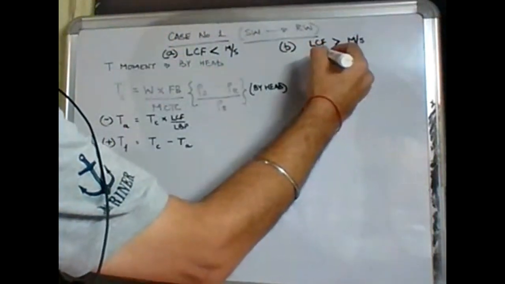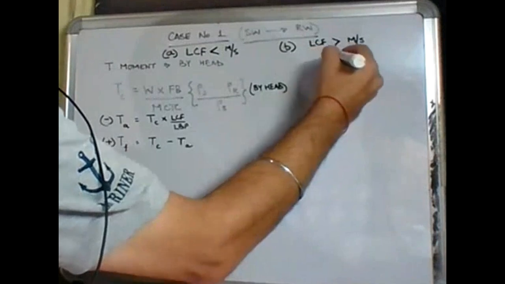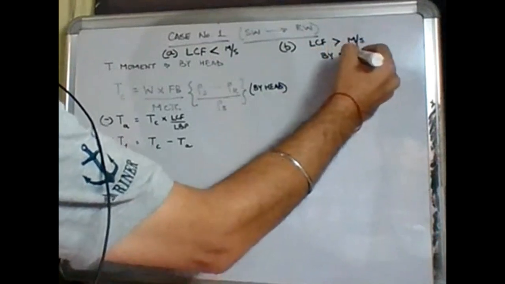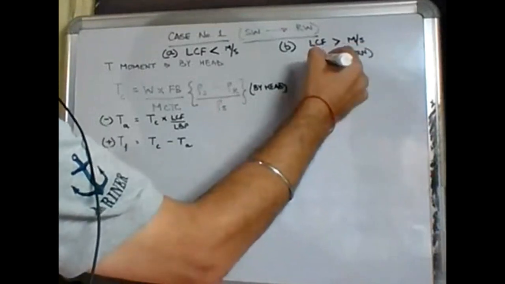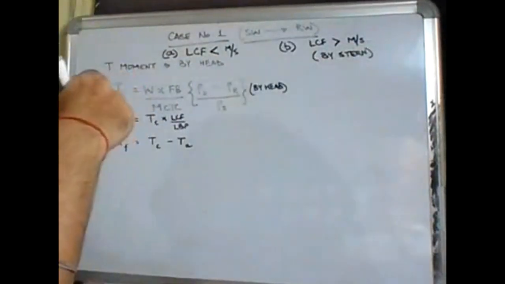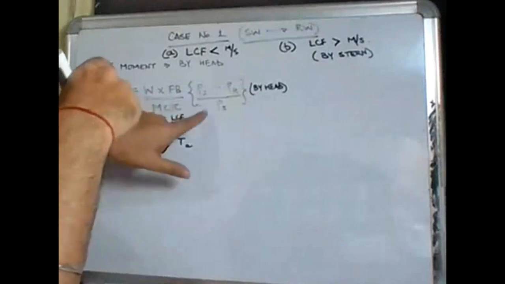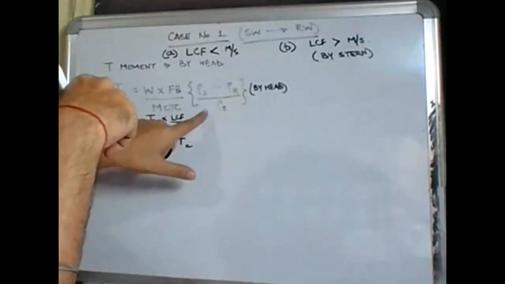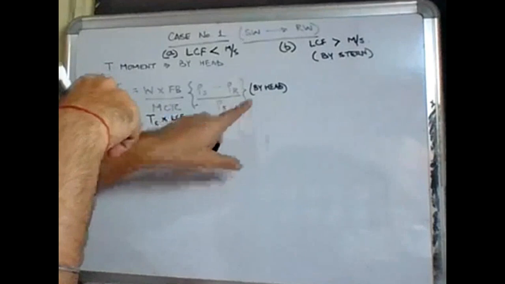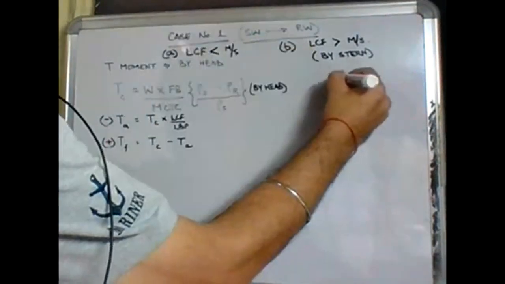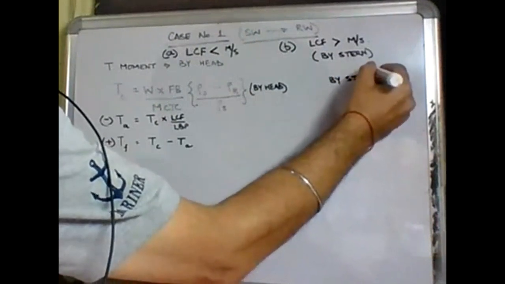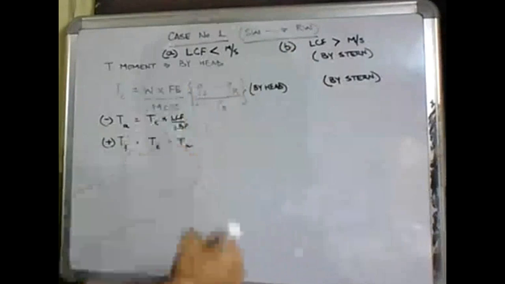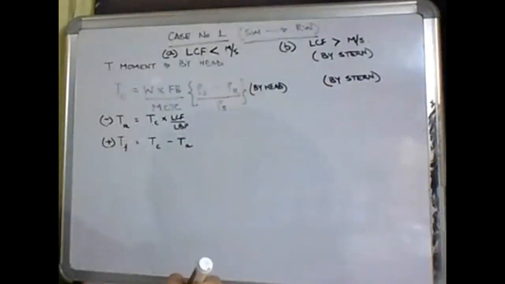So my trimming moment would have been by stern. Formula would have remained the same. Everything would have remained the same. TC would have been by stern. Agreed?